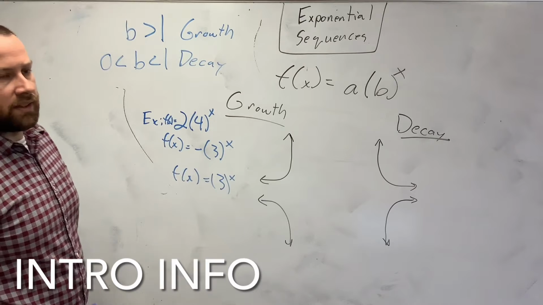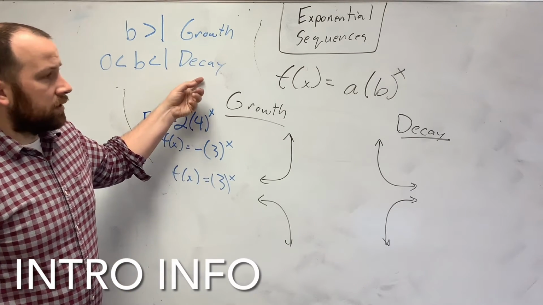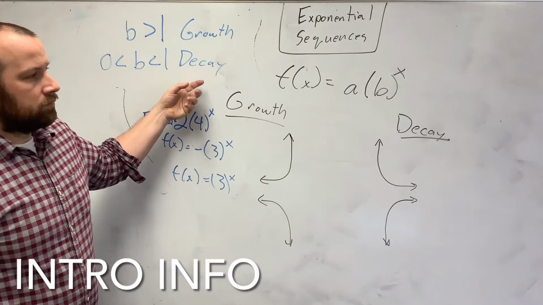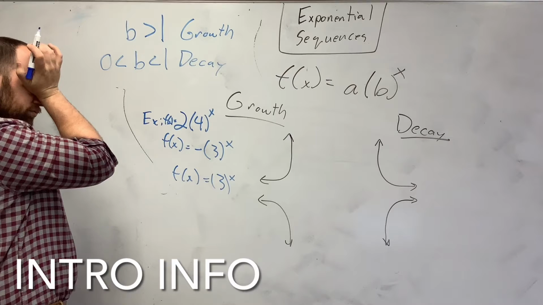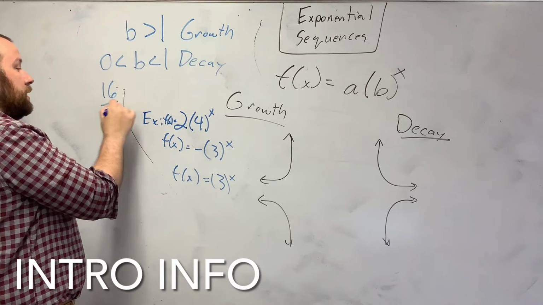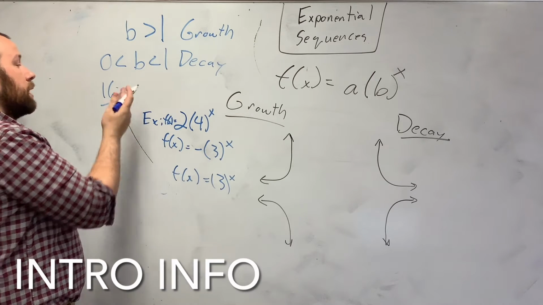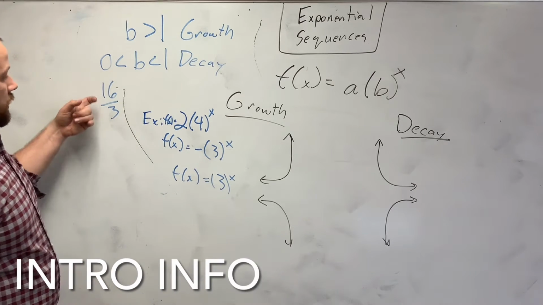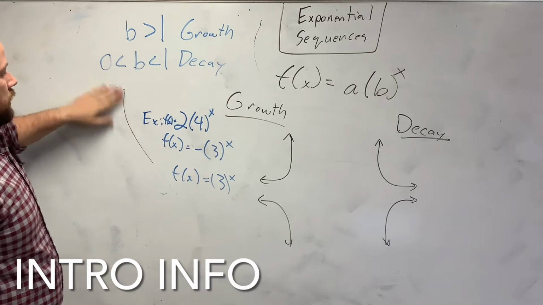Alright, so don't get to thinking that it's just going to be a fraction, because if your fraction is, I forgot the name of it, just lost my head. If you have like 16 over 3, improper fraction, this is still larger than 1, so it's a growth.